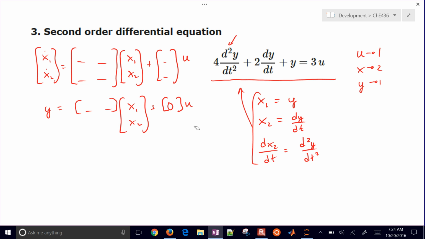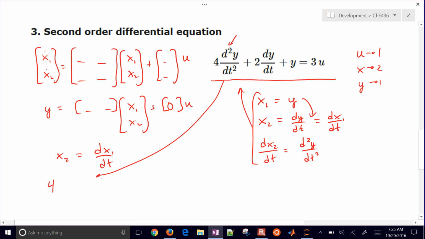Okay, and one other thing to substitute, our first equation is just going to be this one right here, where we have x2 equals dx1 dt. So we need these in terms of x's. We need to eliminate the y's. And then let's go ahead and start making a substitution here as well from this equation.